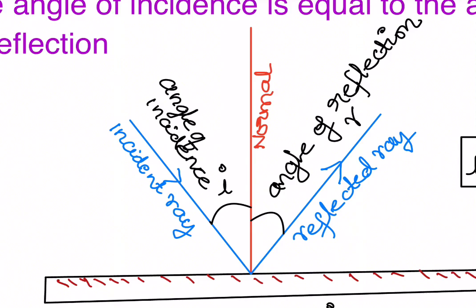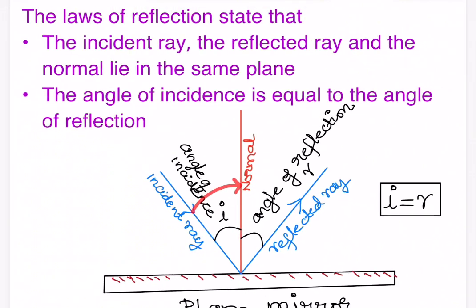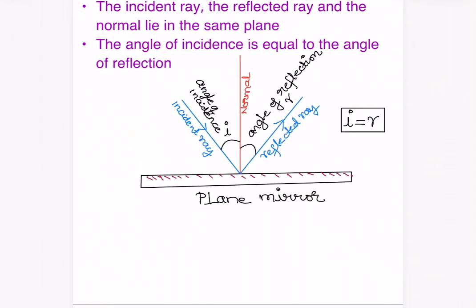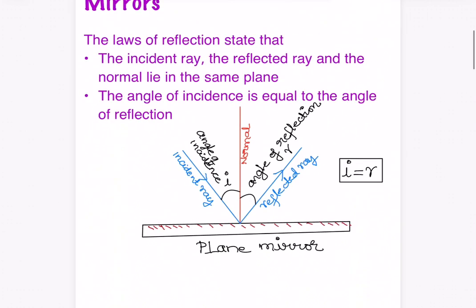The angle made by the incident ray with the normal is equal to the angle made by the reflected ray with the normal. If the angle of incidence is I and the angle of reflection is R, then it is found that angle I is equal to angle R. The angle of incidence is equal to the angle of reflection. Okay. You know about this information.